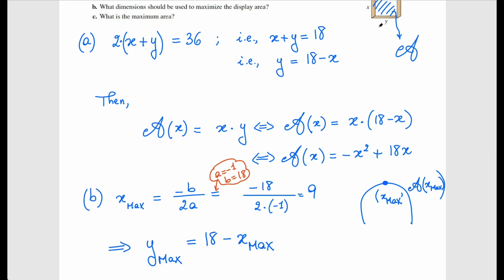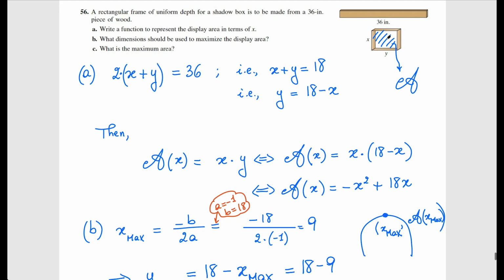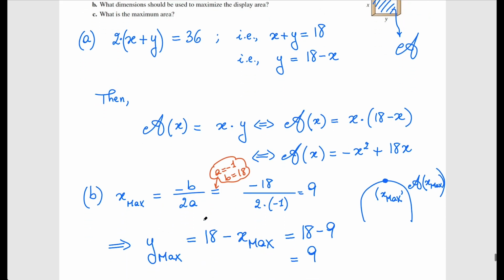It's this dimension that maximizes the area. Correct? Okay, so what was x max? Was 9. So this becomes 18 minus 9, and 18 minus 9 is 9. Correct? And what this is saying is that the rectangle whose area is the largest is actually a square. This is what we just discovered.